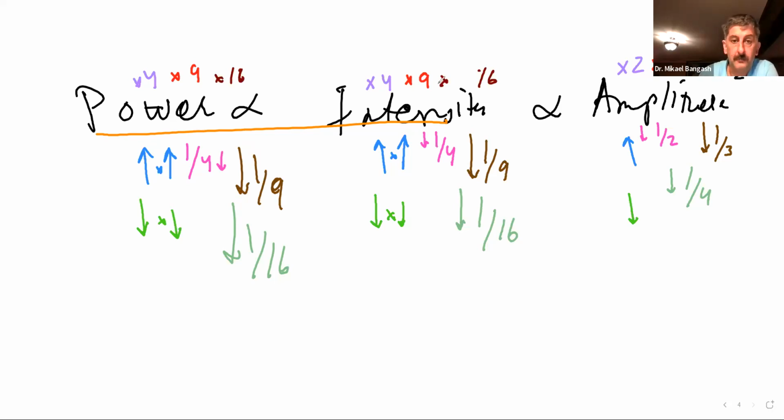Any questions? So it could be any numbers. In this question here, what we mean is that the amplitude reduced to 1/3. Clear? What would that mean?